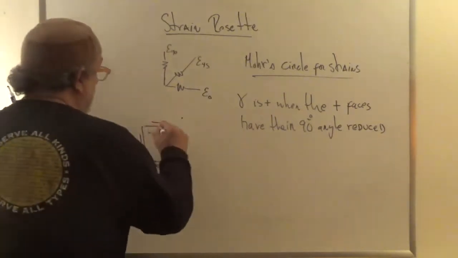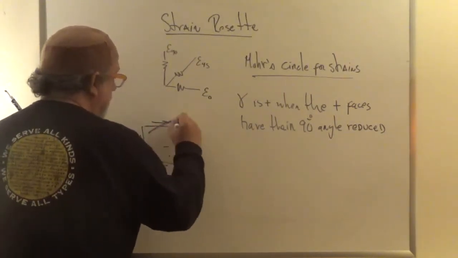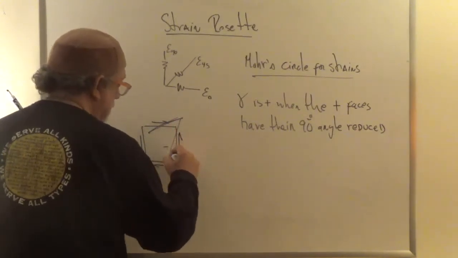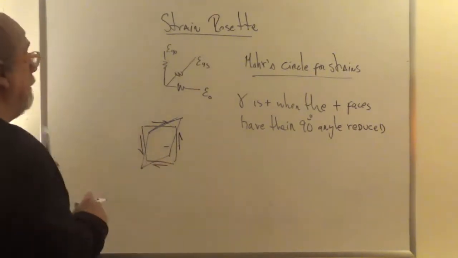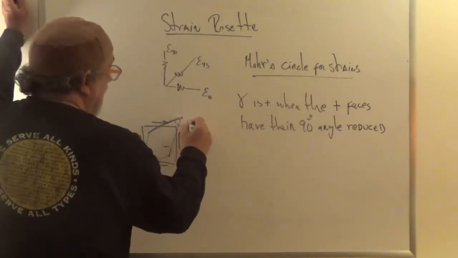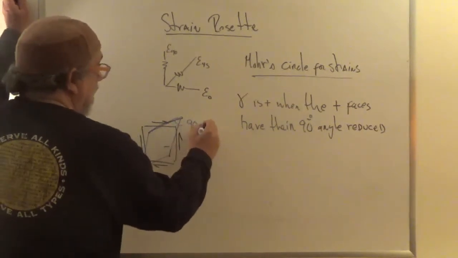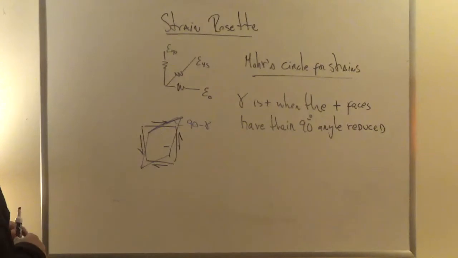This is the undeformed element, and this tends to be the deformed element, right? So this angle used to be 90, but now it's 90 minus the shear strain. So that's what we defined as positive shear strain, okay?